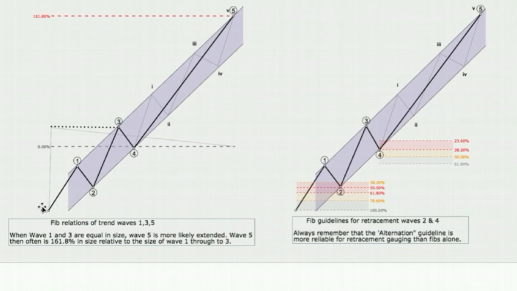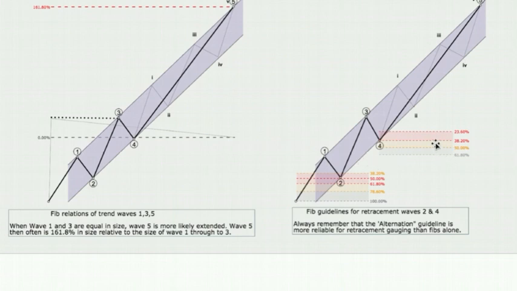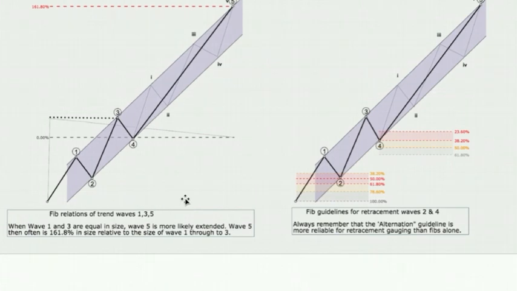For example, on the left hand side you see the Fibonacci extension ratios relating to waves 1, 3, and 5, which are also summarized down here. And on the right hand side you always get the Fibonacci retracement ratios, which relate to waves 2 and 4. That's the reason why you're getting two drawings of the same pattern here.